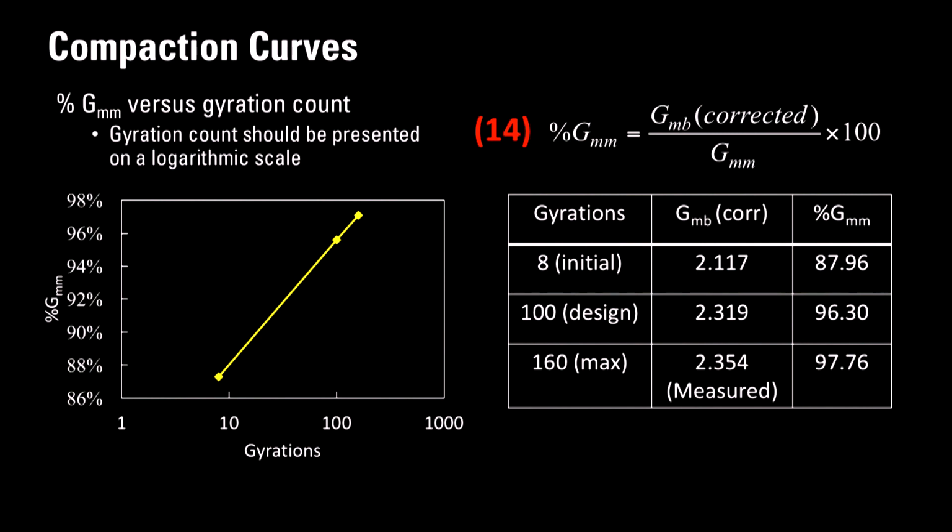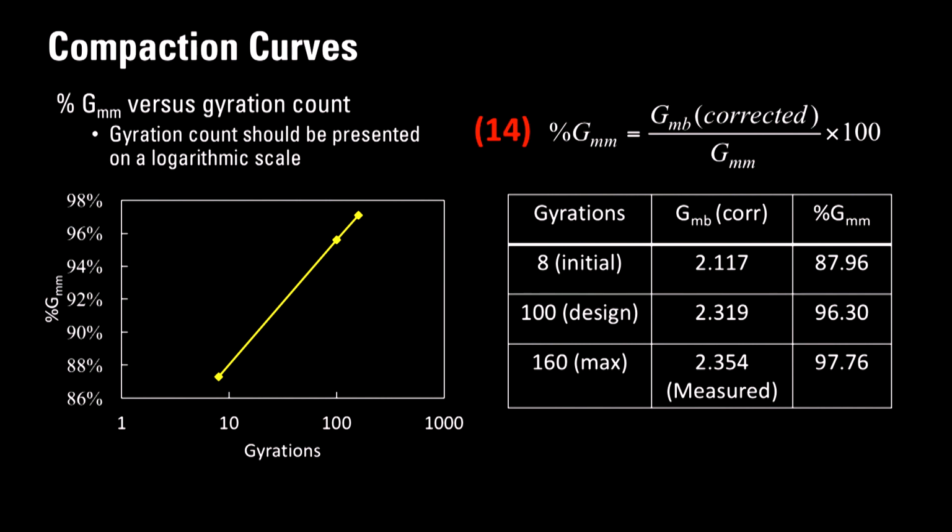After we correct our estimates of bulk specific gravity, we combine those values with our measured theoretical maximum specific gravity, GMM, to calculate our percentage of our theoretical maximum specific gravity using equation 14. The tabulated values in the table show these calculations for gyrations of 8, 100, and 160.